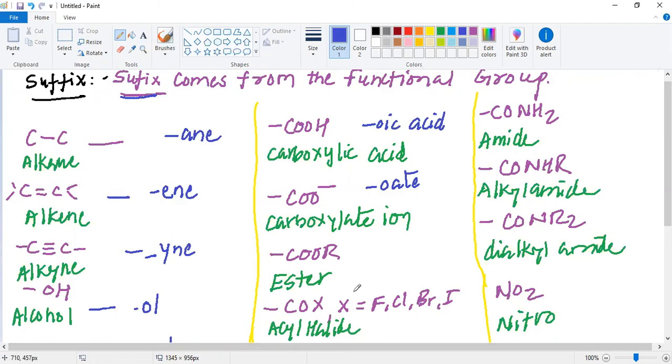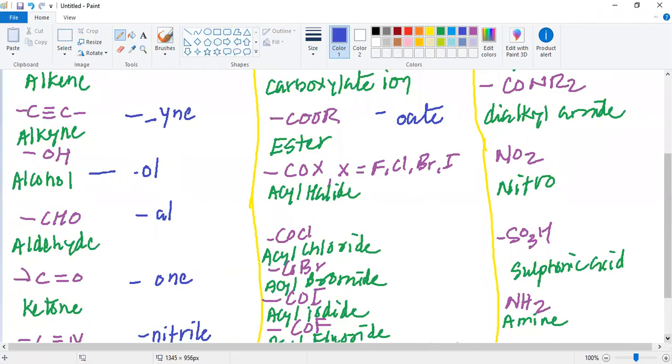For esters, we can write OATE again. For esters, my dear students, we can write OATE. Then for acyl halide, the general suffix we may write is halocarbonyl. Sorry, OYL halide. Sorry, it's my mistake. We can write OYL halide.